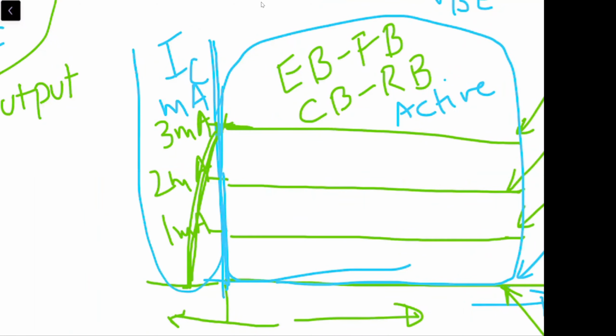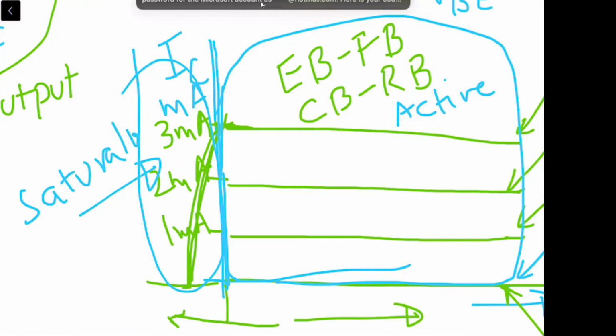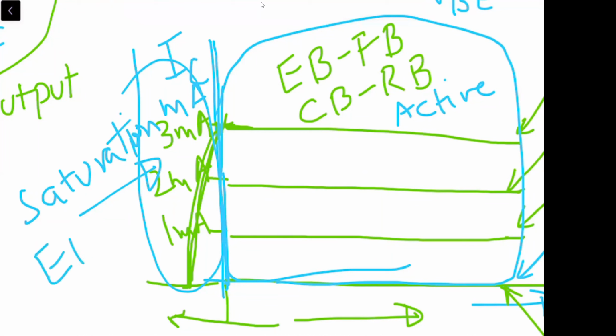This region is called the saturation region, in which both the emitter-base and the collector-base junctions are forward biased.